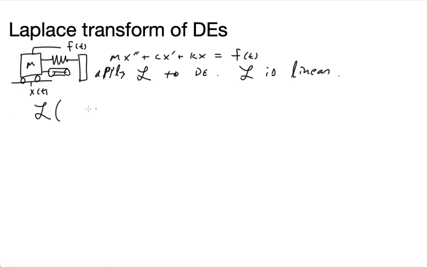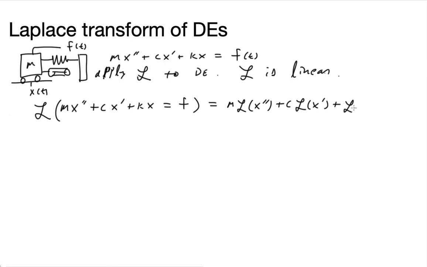So I apply the Laplace transform to m x double prime plus c x single prime plus k x equals f, and it passes right through there, so m Laplace transform of x double prime plus c Laplace transform of x single prime plus k Laplace transform of x equals Laplace transform of f.